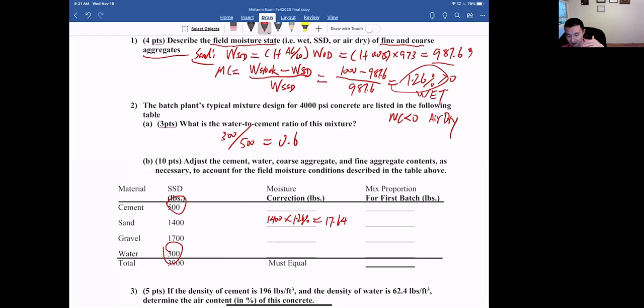Because the sand is wet, we should use more sand compared with SSD sand. So the real amount of sand we use is 1400 plus 17.64, which is 1417.64. And accordingly, for mixing water, we should subtract 17.64 from the water.